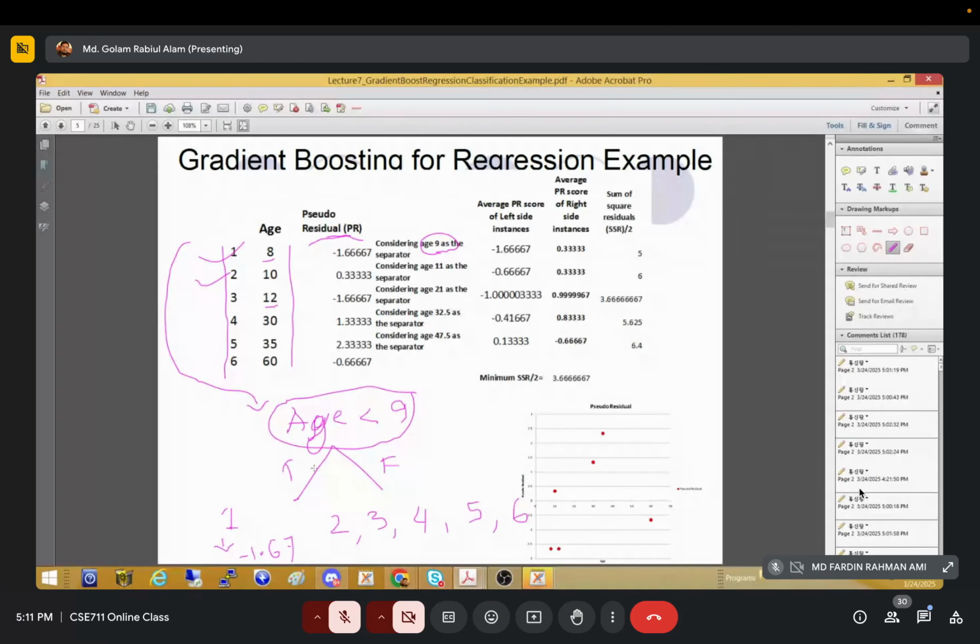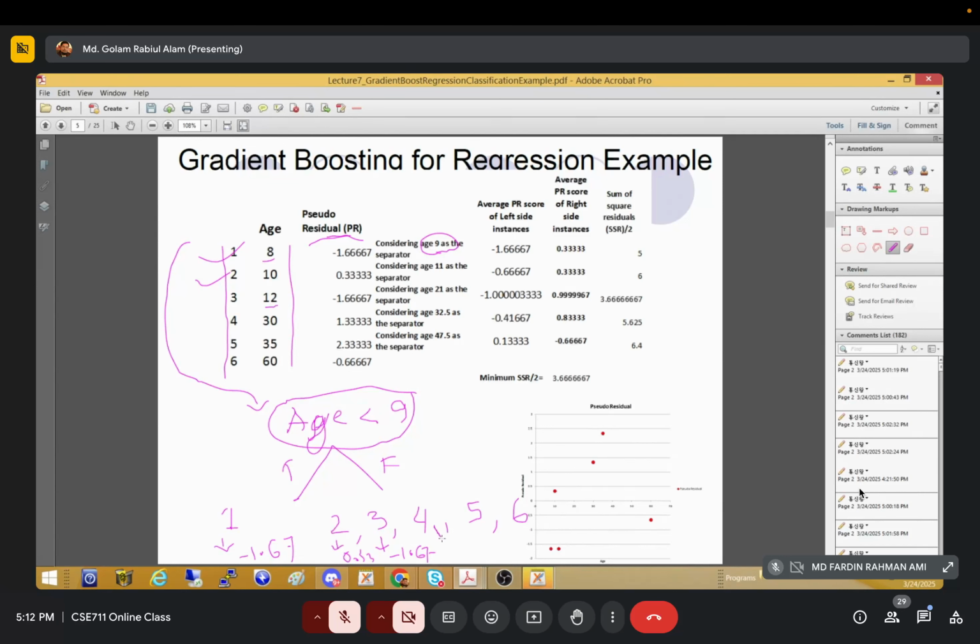Then for observation 2, the next one is 0.33. And the next one, observation 3, is negative 1.67.